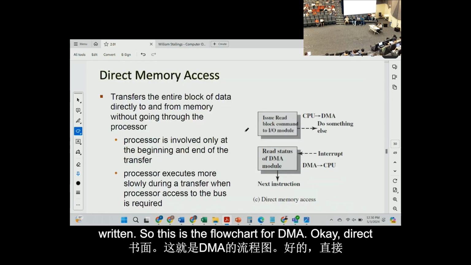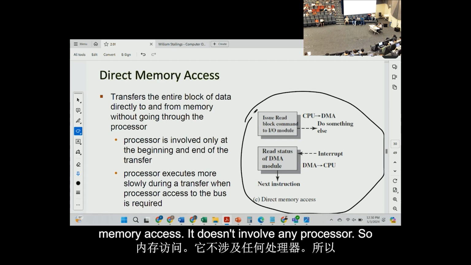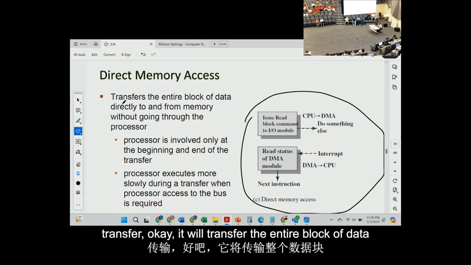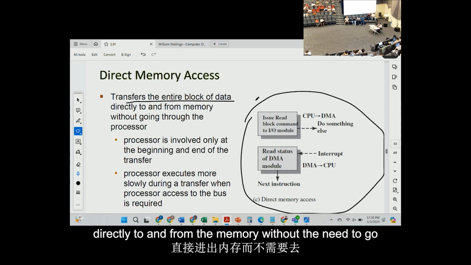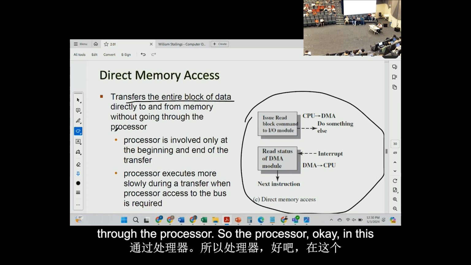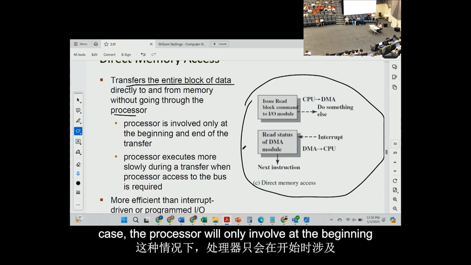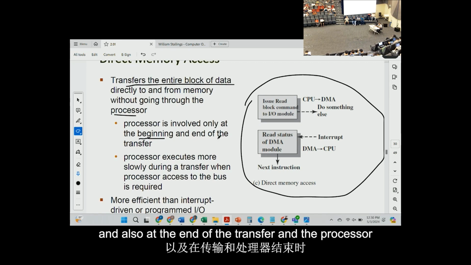So this is the flow chart for DMA, direct memory access. It doesn't involve the processor. It will transfer the entire block of data directly to and from the memory without the need to go through the processor. So the processor will only be involved at the beginning and at the end of the transfer.